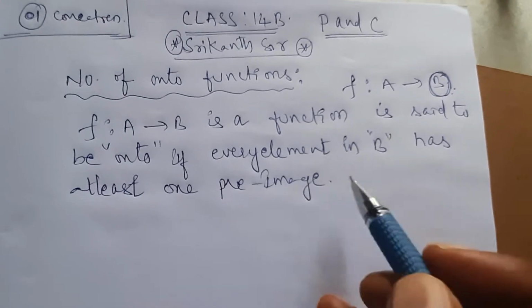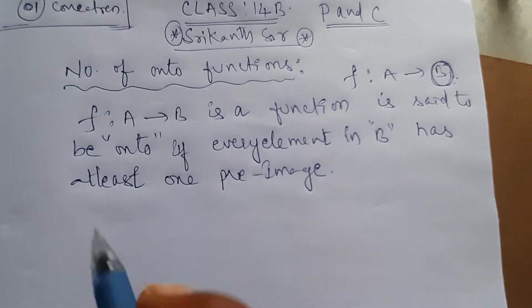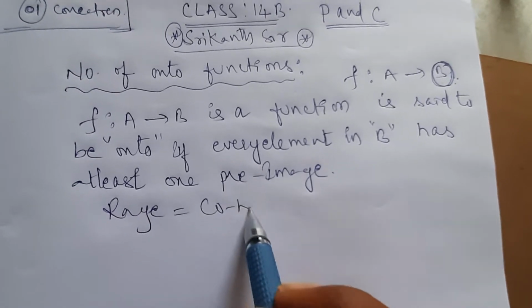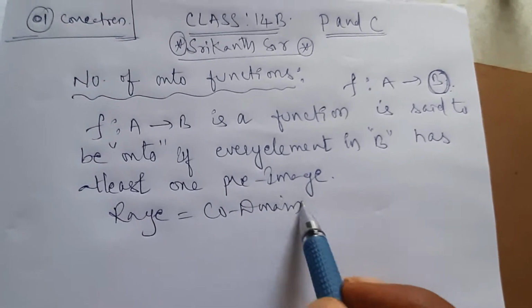This is known as the onto function. Otherwise, simply, range is equal to codomain, we can say like this also. Range is equal to codomain.